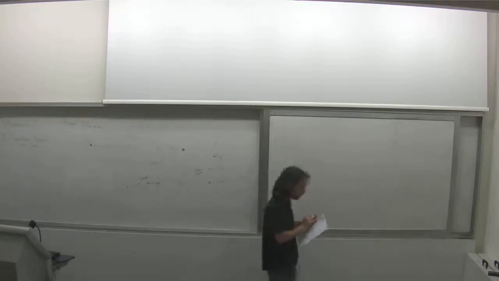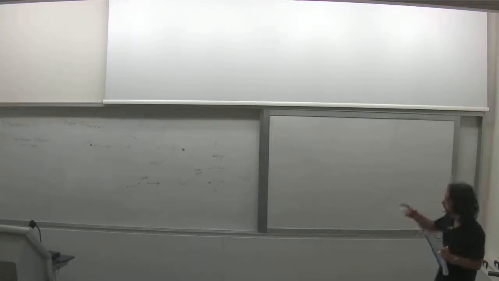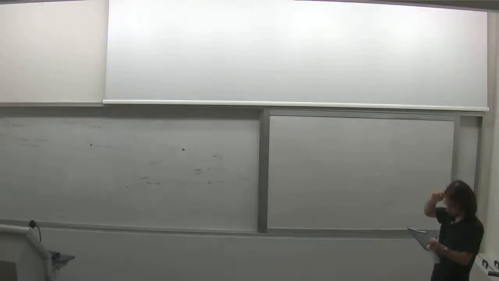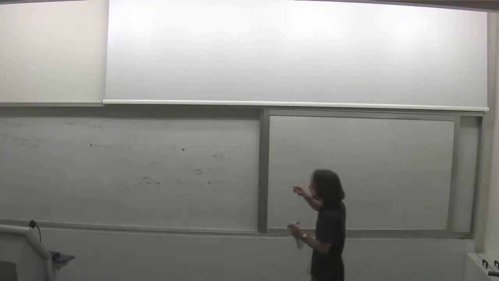Okay, so the situation, I was going to get to it later, where you pass through the closed orbits, this is called a degenerate Hopf bifurcation.